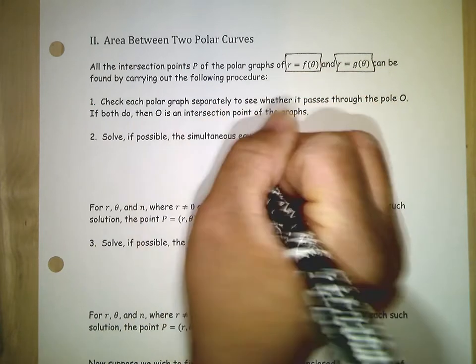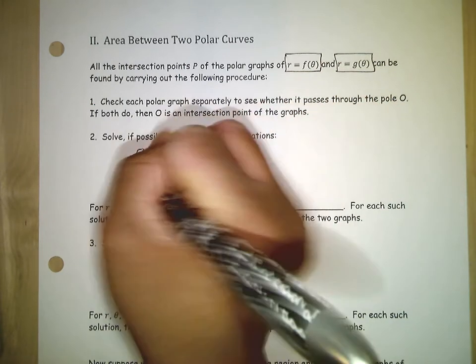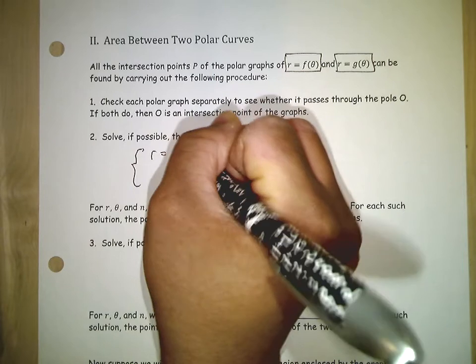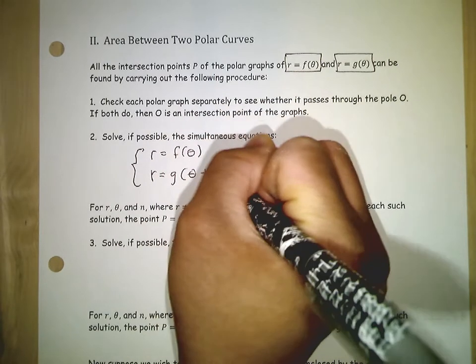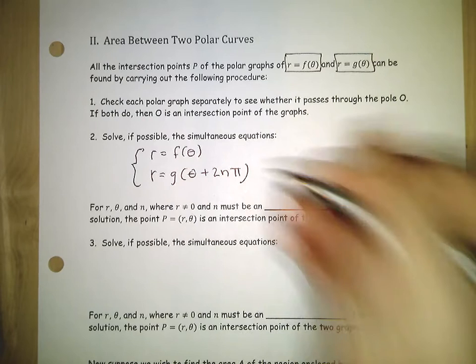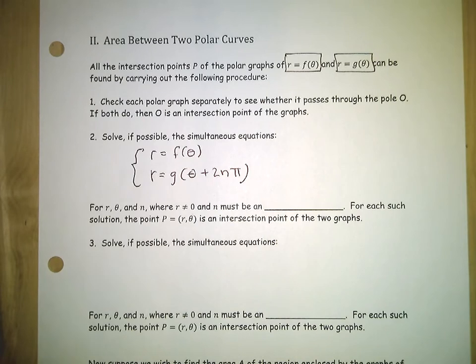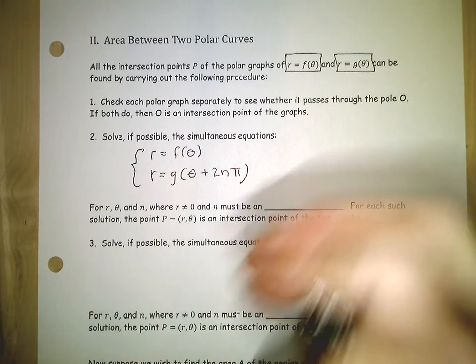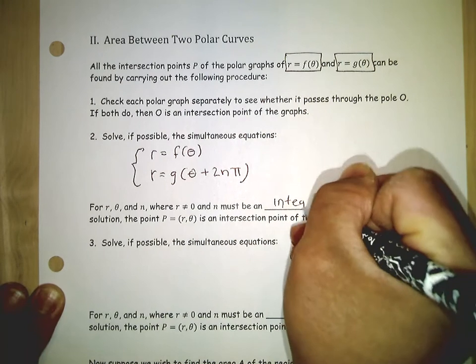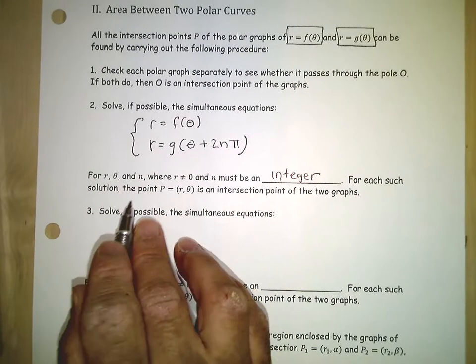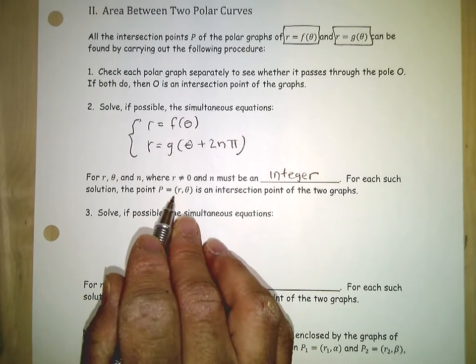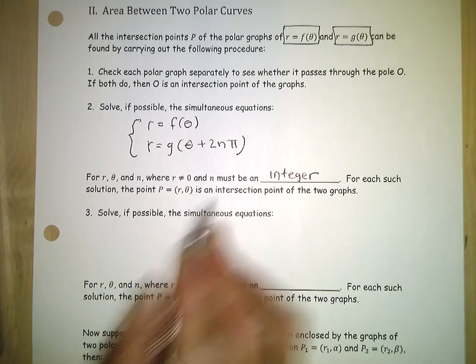Then solve, if possible, the simultaneous equations r equals f of theta and r equals g of theta plus 2n pi, for r, theta, and n, where n must be an integer. For each such solution, the point P equals (r, theta) is an intersection point of the two graphs.